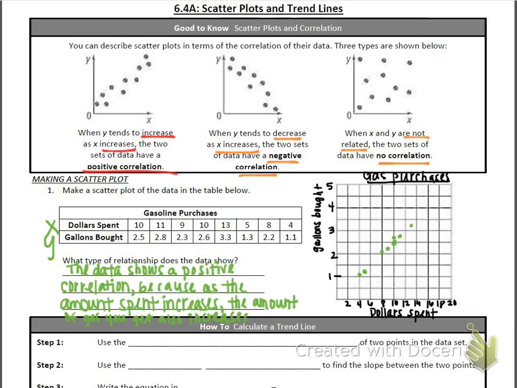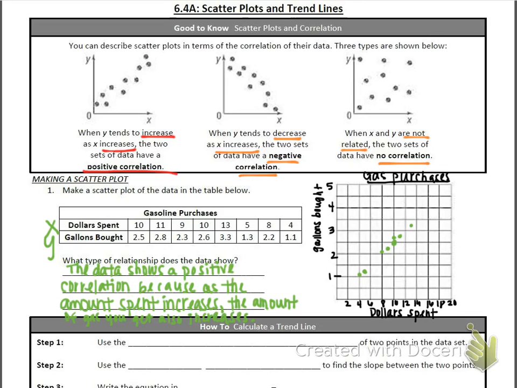I'm sorry I didn't give you enough space for that. You guys can squish it. Okay? So this would be a complete explanation. The data shows a positive correlation. We don't really need a comma there. Because as the amount spent increases, the amount of gas you get also increases. So that is a complete explanation as to why.